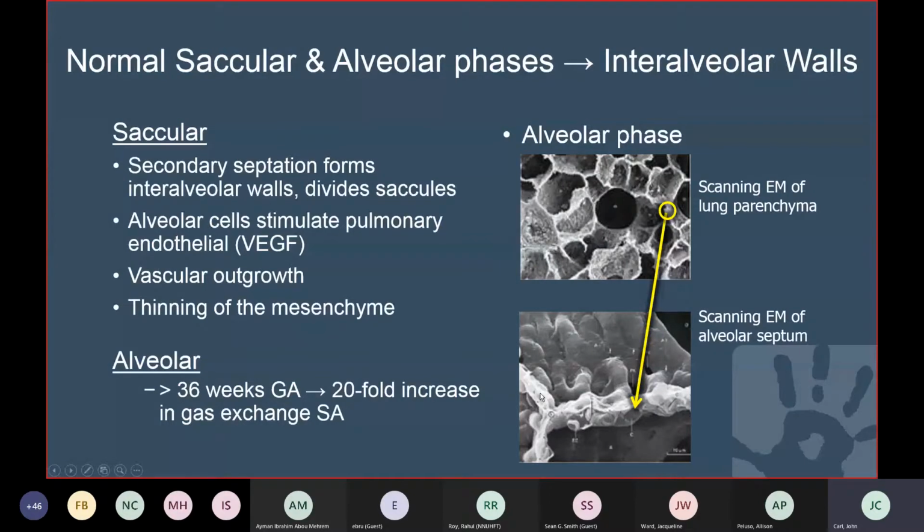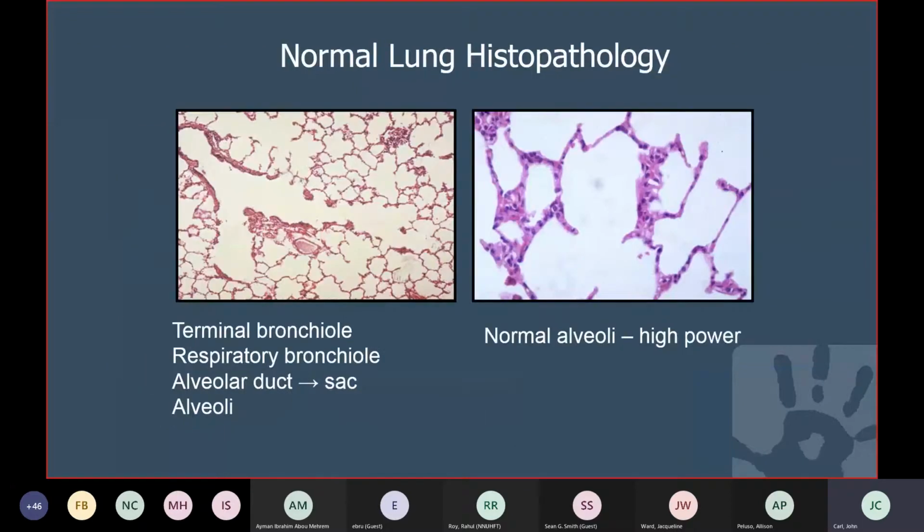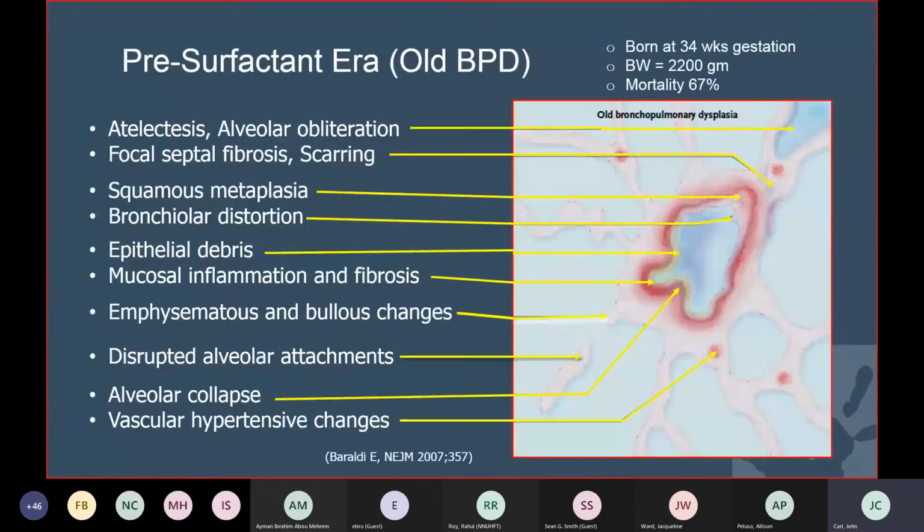So this is a very intimate interface in the interalveolar walls. In the normal lung histopathology, I'm sure you're all familiar with, which is the terminal bronchial, respiratory bronchial, sac, and then alveoli, with the normal alveoli at a high power level having a huge surface area compared to the vasculature and the interstitium.